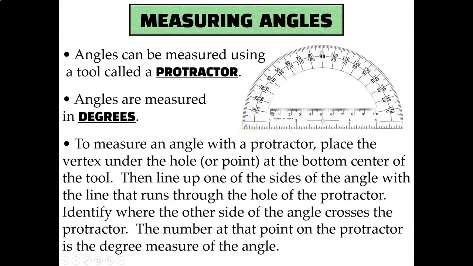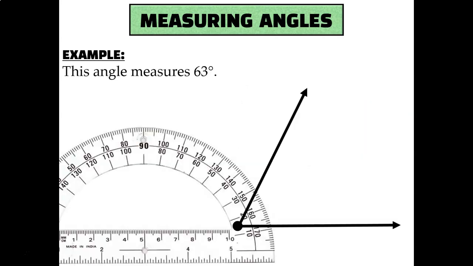You always want to start at 0 when you're measuring. However, if you had placed your vertex at the center and then your starting side pointed this direction off to the right, then you would want to use the inside markings because those are the ones that start at 0 on this side.